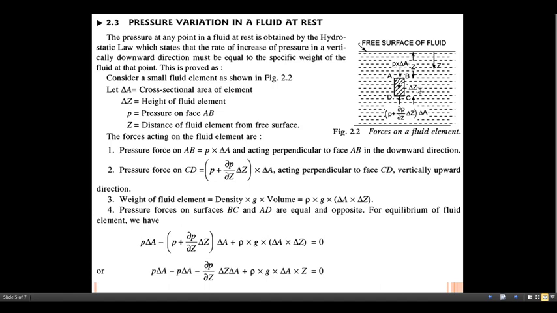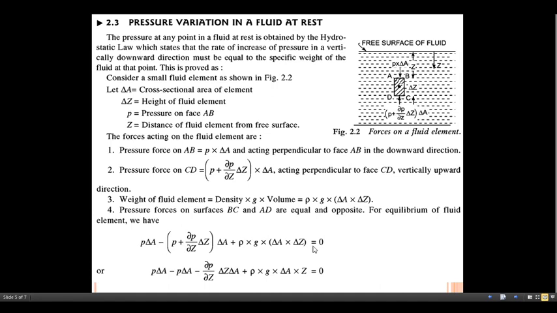For equilibrium of the fluid, the intensity of the pressure here and here becomes equal. Now, whatever force is available, we consider this force into delta A. That force acts vertically in the downward direction. This other force acts vertically in the upward direction, so it is written as it is.